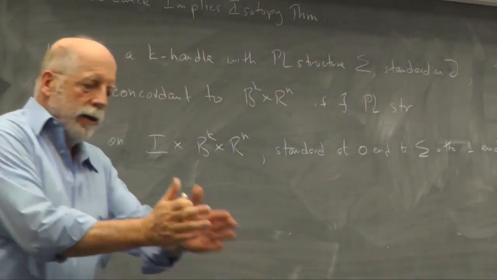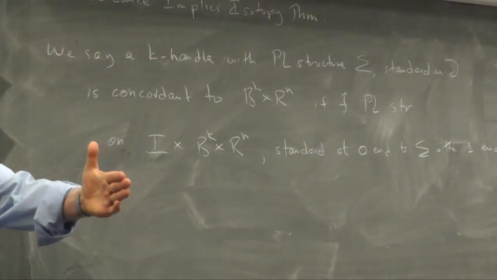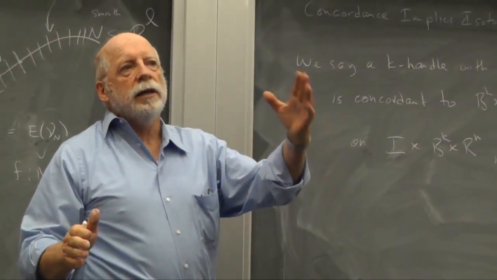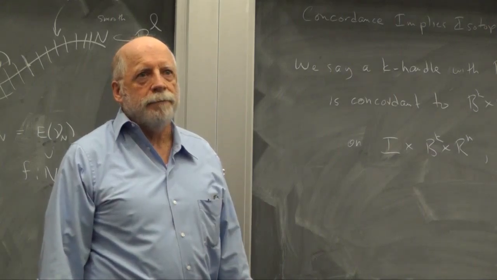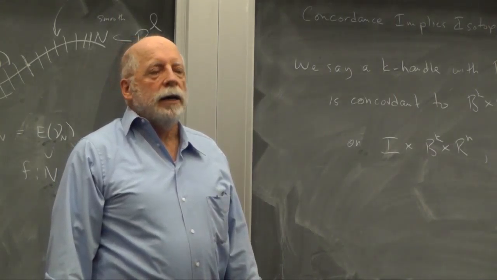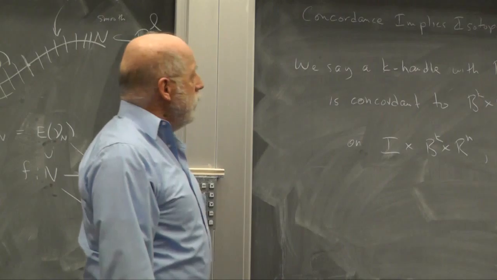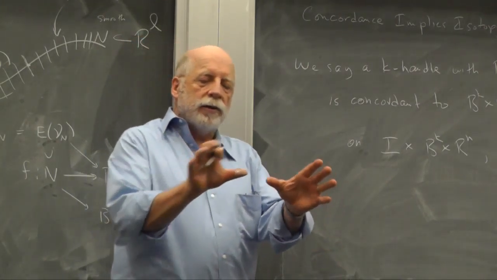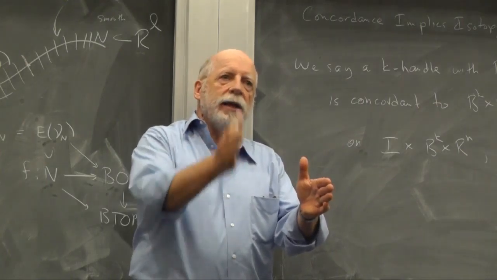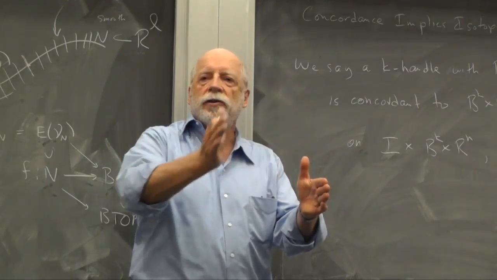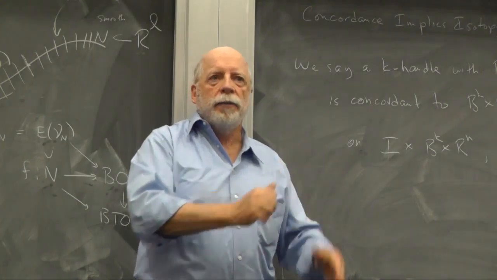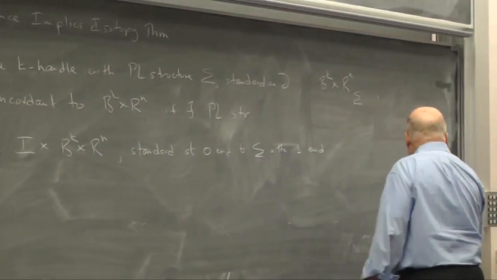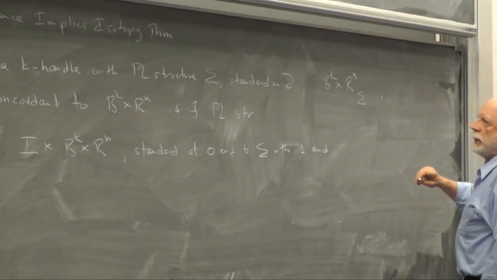So we have I cross our handle problem. On one end, everything is standard, and on the other end, you have sigma. And in the middle, the concordance says this PL structure doesn't have to respect the I factors as you go along I.